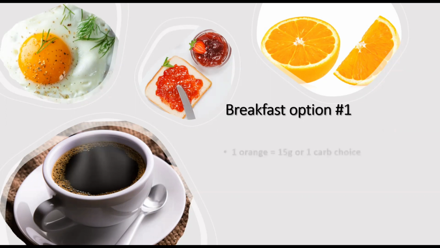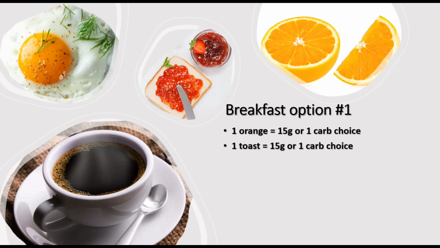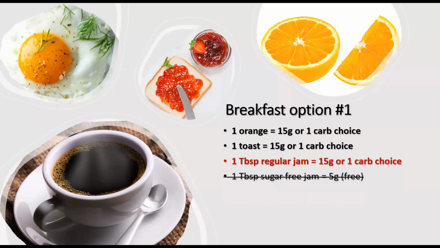In this breakfast, 1 orange is approximately 15 grams of carbohydrates or 1 carb choice. 1 slice of whole grain bread is approximately 15 grams of carbohydrates or 1 carb choice. If you put 1 tablespoon of jam on it, and it is the regular jam, it will cost you 15 grams of carbohydrate or 1 carb choice. If you pick sugar-free jam for the same amount, it will cost you only 5 grams of carb, which will be free and we will not add it to the carb choices.